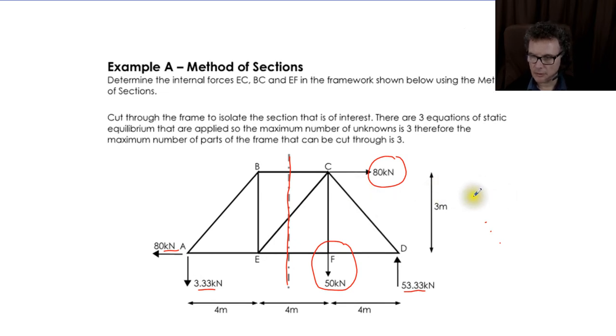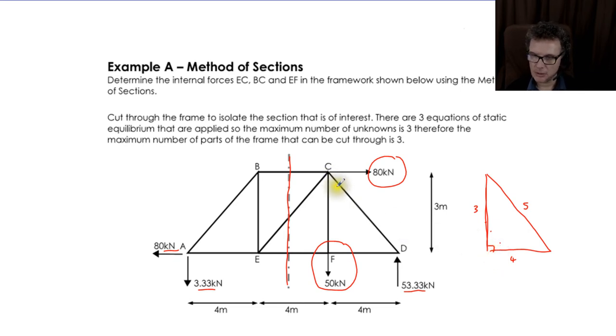Notice we've got 3, 4, which will mean 5 triangles. So we've got 3, 4 and 5. That's my triangles there.